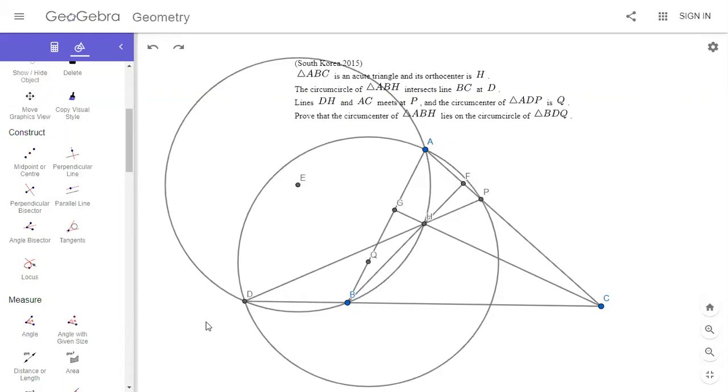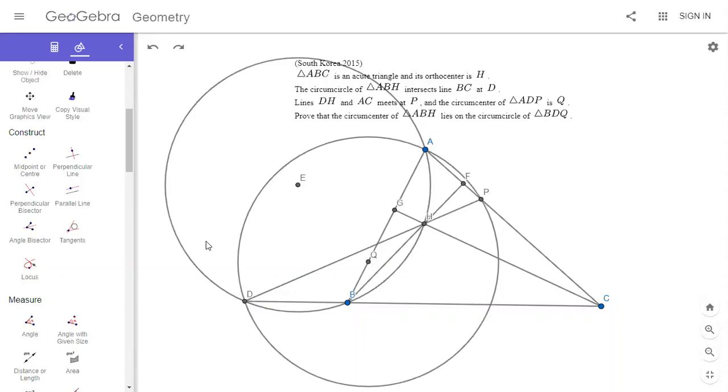So the circumcircle of ABH intersects BC at D. What if we rephrased it? What if we let the circumcircle of EDB meet AB at Q prime, and then we want to show that Q prime is the circumcenter of ABP? I think maybe that would be easier.